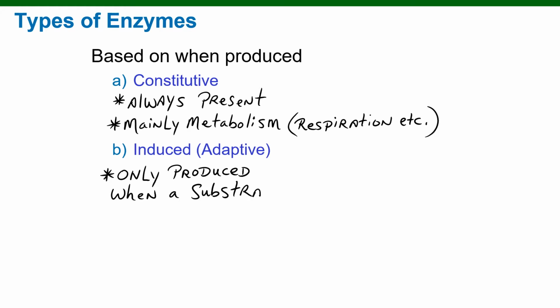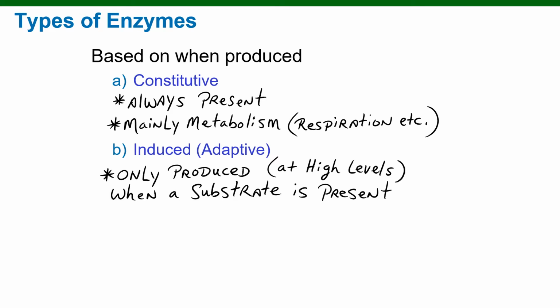So the cell has to sense that a new need has occurred in the environment, and then the cell will turn on the genes to make these enzyme products for digestion, and typically these will be produced at a high level but for a short period of time or as needed.